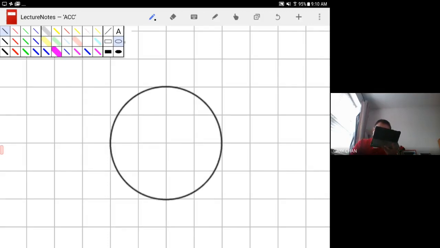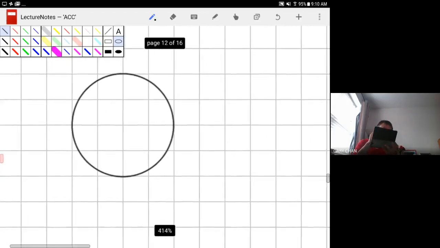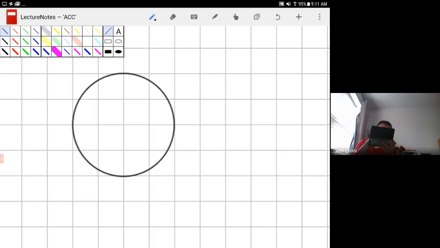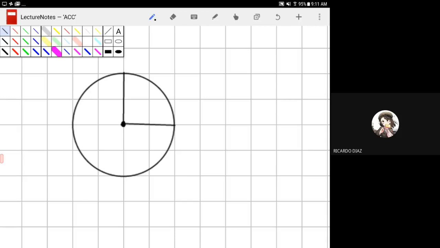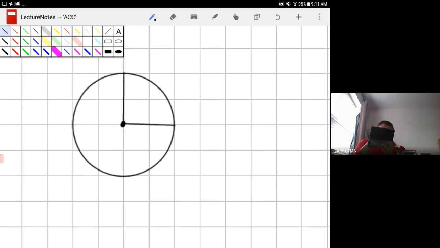So what we're going to do, let's just make a sketch of a circle. Your circle doesn't have to be perfect, but make your circle nice and big, like I have here. Let's go over some of the vocabulary that we had discussed last week: every circle has a center, and all the points on the circle are going to be equal in distance to the center, and that distance is referred to as the radius.